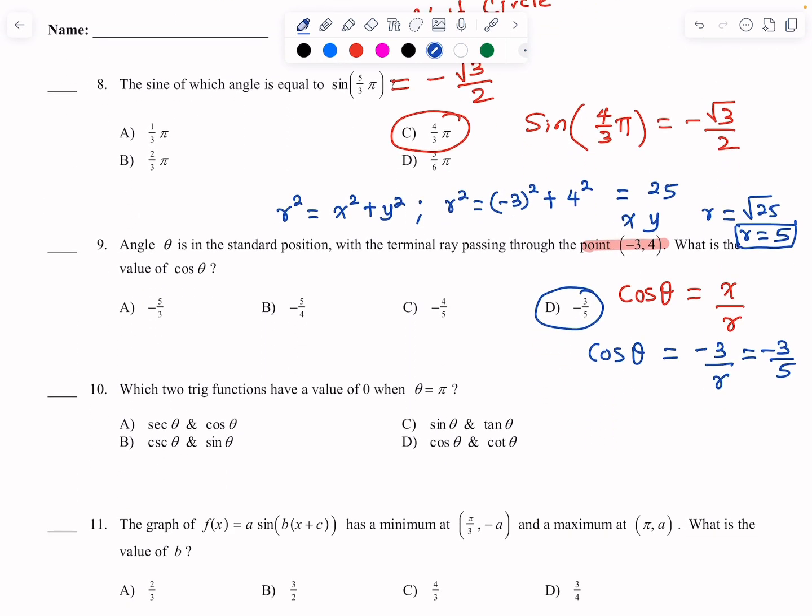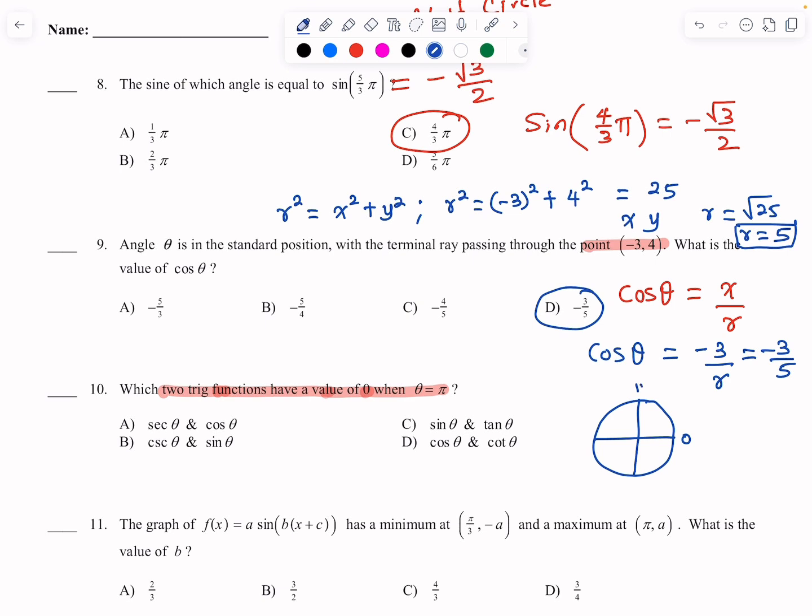Now let's see. It's saying which trig function has the value of 0 when theta is equal to pi. So if you go back to your unit circle, let me just draw something real quick.